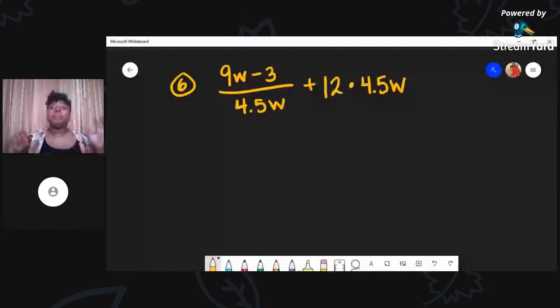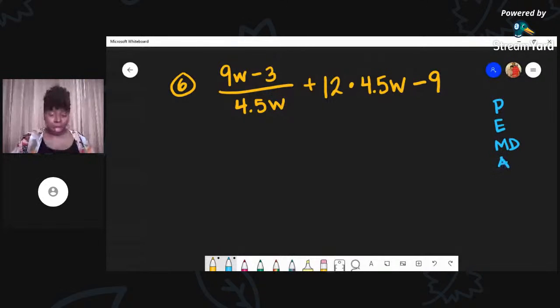So we're still simplifying the expression. We could look at this as PEMDAS still, like you've been doing.